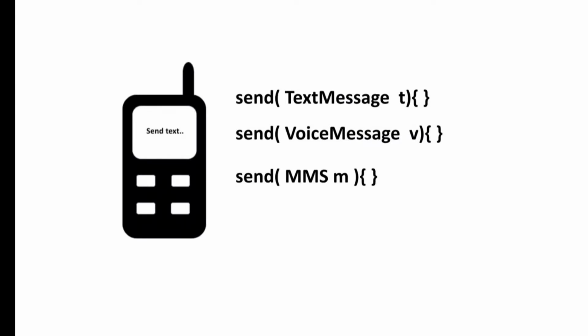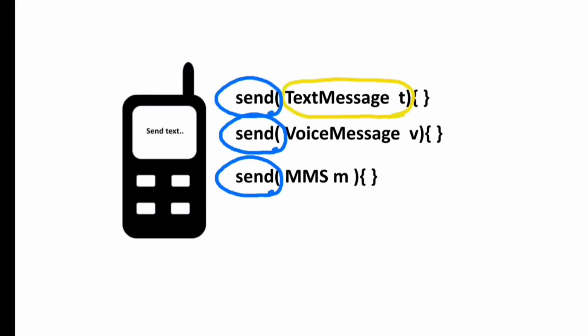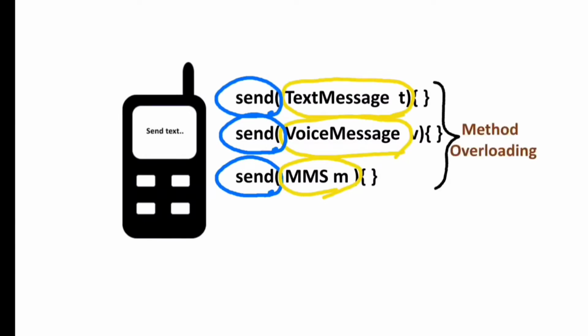That means we are overloading the existing method without replacing it. So if we notice here, all three methods have the same name, but the parameters of each method are different, and it's nothing but method overloading.